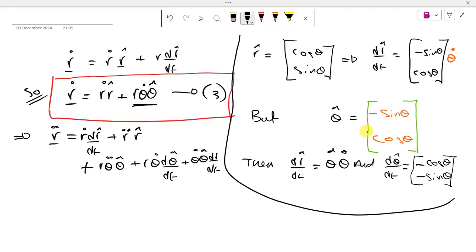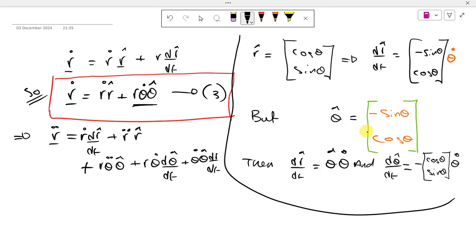So we could have written it like that, but I'm going to simplify it by writing the minus sign outside the brackets. So we've got cos theta and sine theta. What else do we have outside the brackets? Well, we have to differentiate this theta, so we get theta dot.